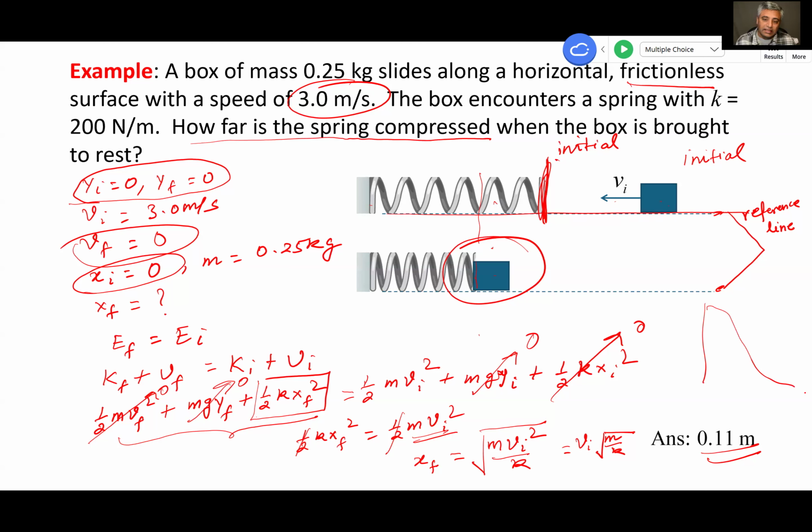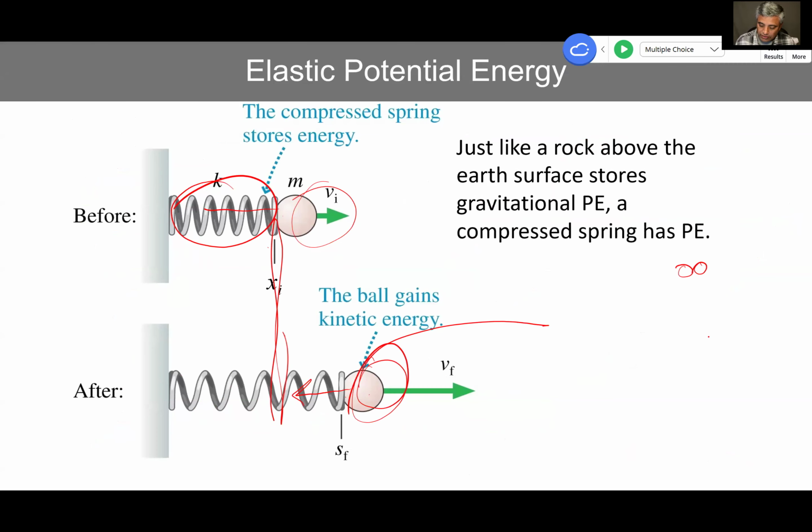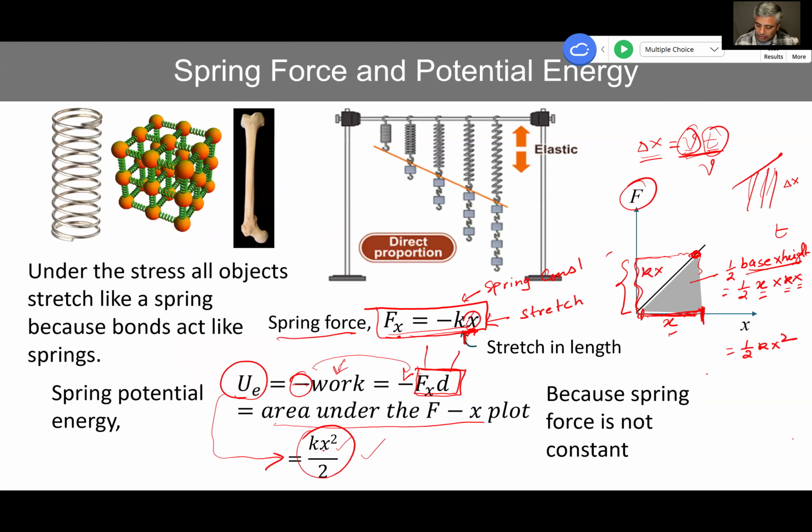There is also a question related to finding work done from a force versus position graph, which we just talked about in this slide when we were calculating this, right?